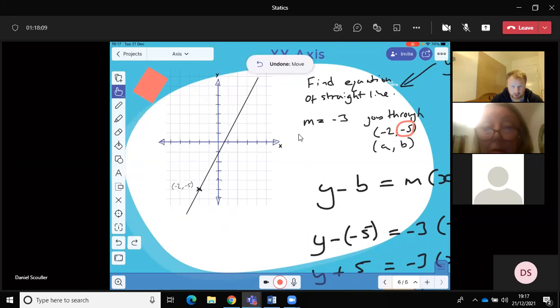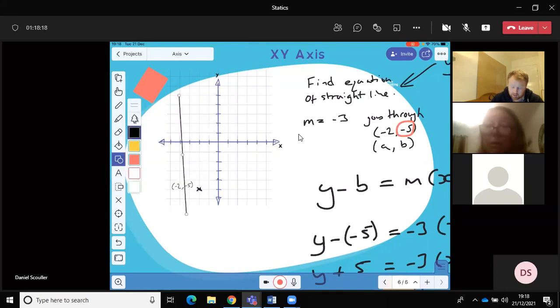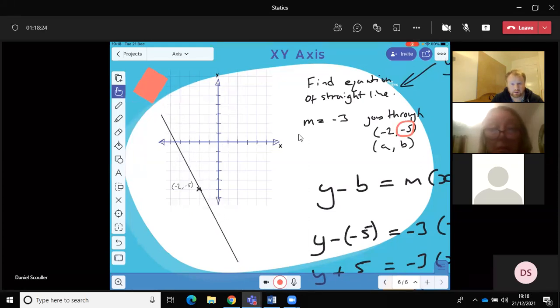That's what I drew out when we were putting that question together. That's not correct. That line is a negative gradient, so it should be going through like that. That was my mistake. I did it as a positive gradient.